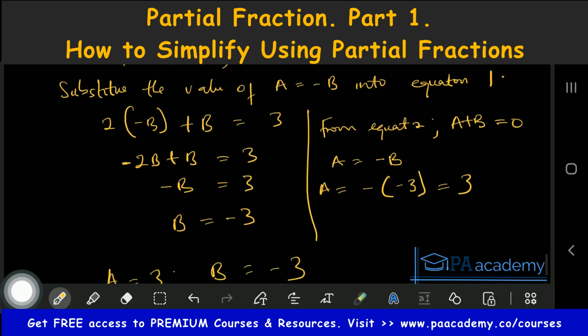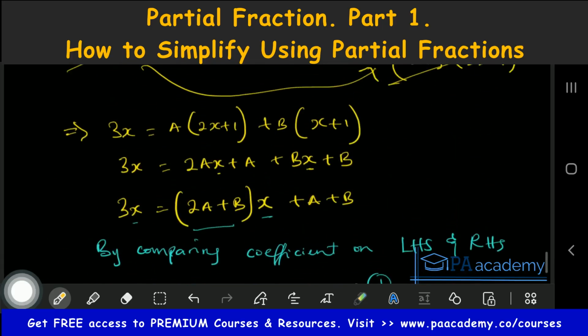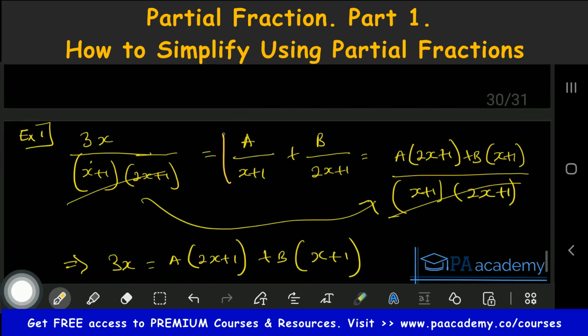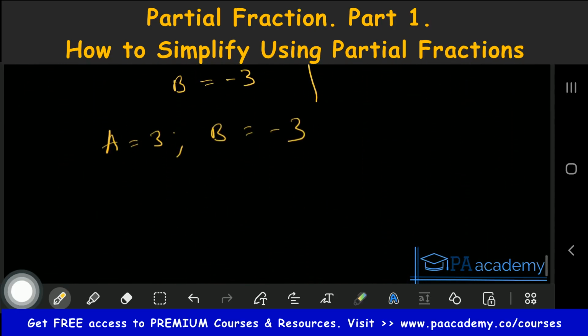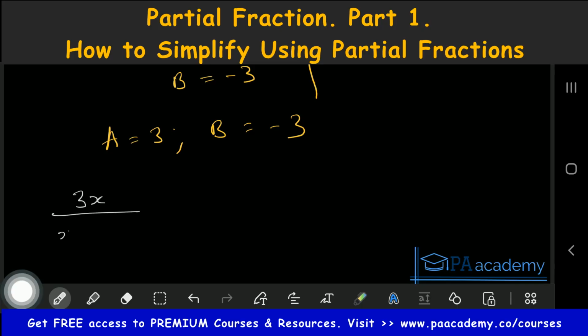All right, so what we are going to do now is to substitute the value of a and b back into this part here. In doing that, we are going to be having our initial equation, which is 3x over (x + 1) into brackets (2x + 1).